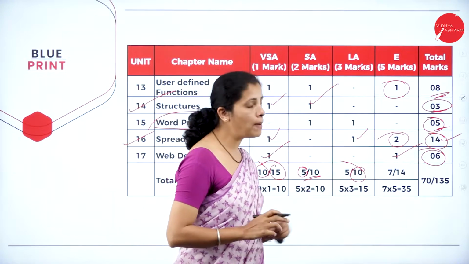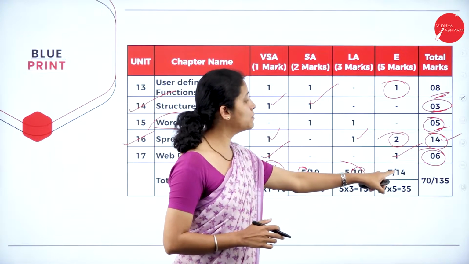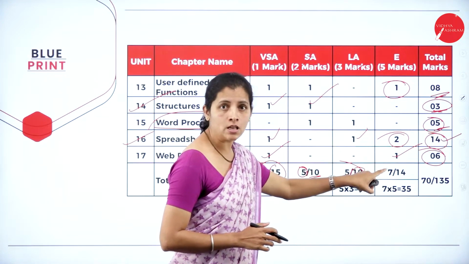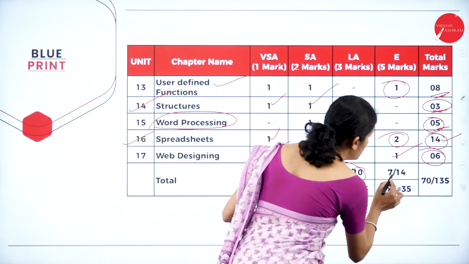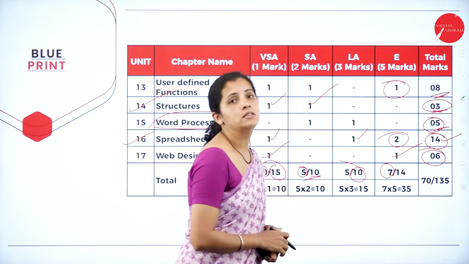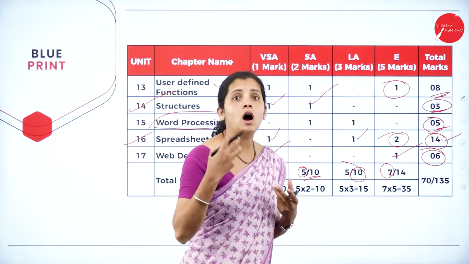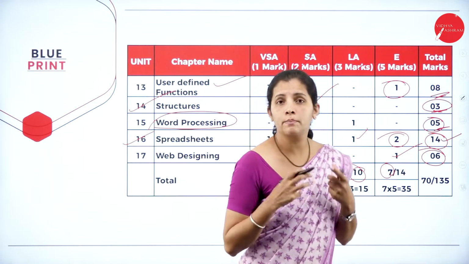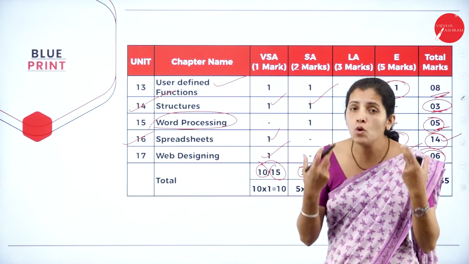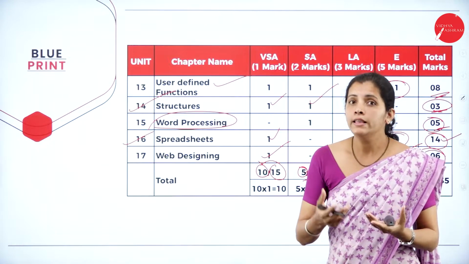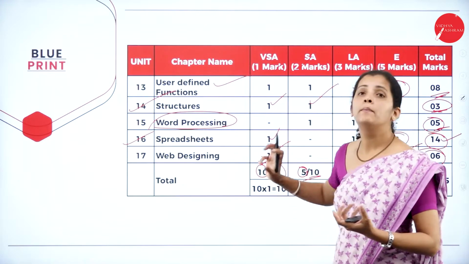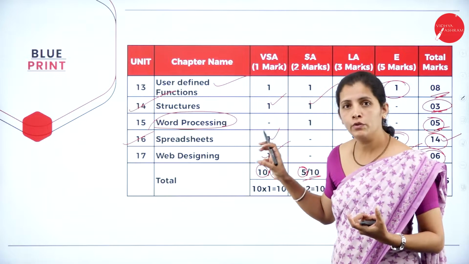And if I consider part D, once again, I'm going to get 14 options. Out of 14, I'm going to write only 7. So, it's very easy to score marks because I'm going to have more options. In that, I'm going to write only a particular number of questions.